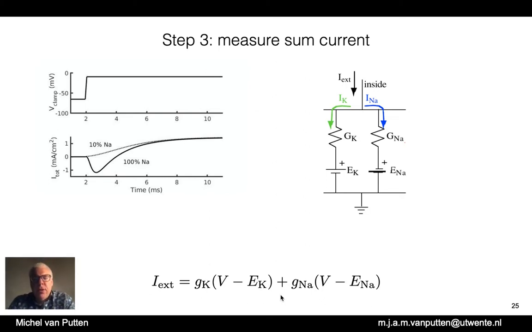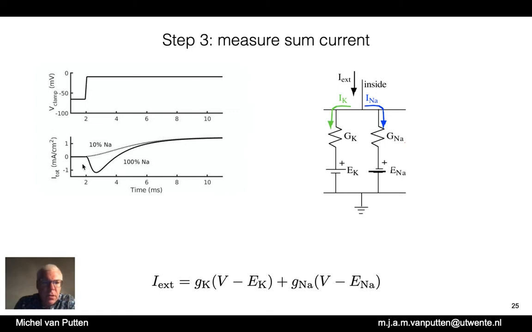And now the voltage clamp is reintroduced again. What Hodgkin and Huxley did, they applied a particular voltage to their membrane, and they waited a little bit after the voltage step, and they were able to record the total current, because that was the current to keep the membrane at that voltage, which equals the sodium and the potassium current.